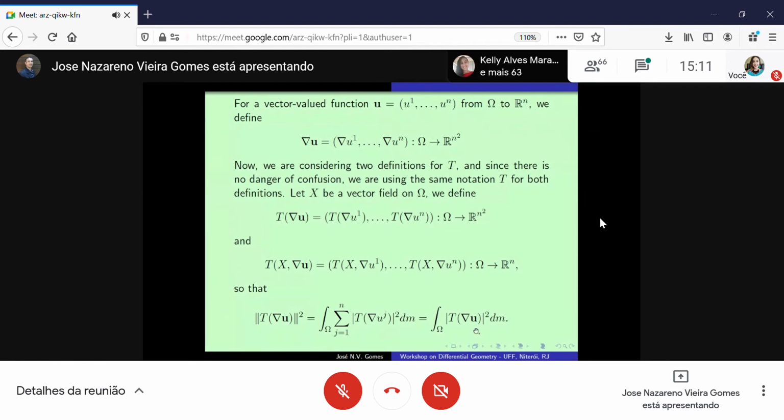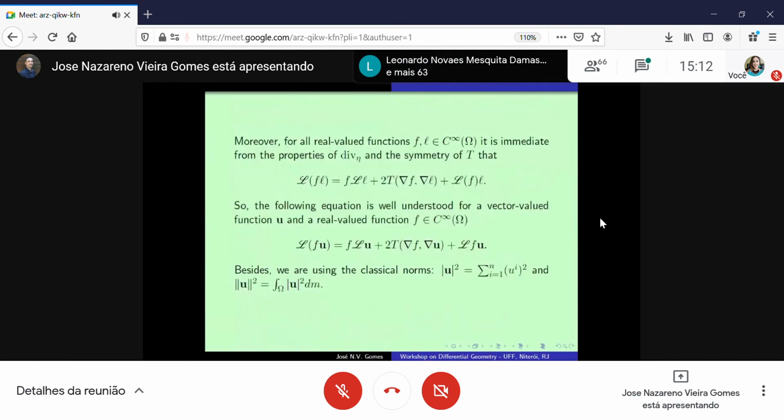And here is the norm. More properties. This is a very simple property, but this one is for real functions, but another one is for a vector valued function u and a real function f. Besides, we are using the classical norms, this one and another one.